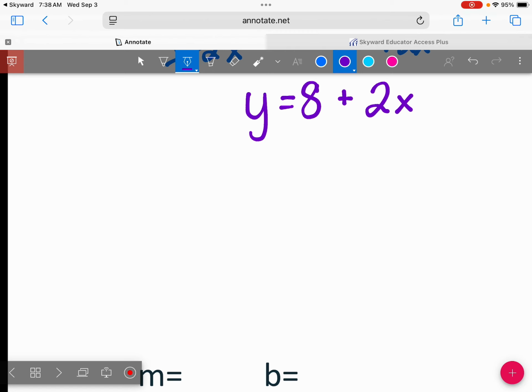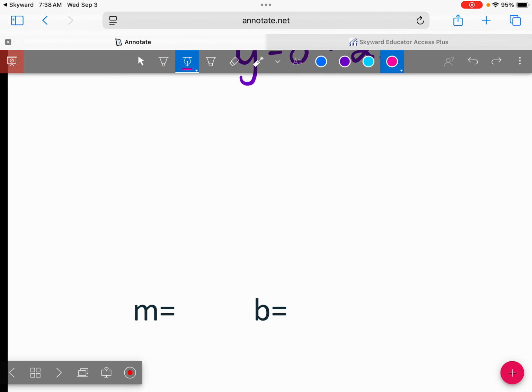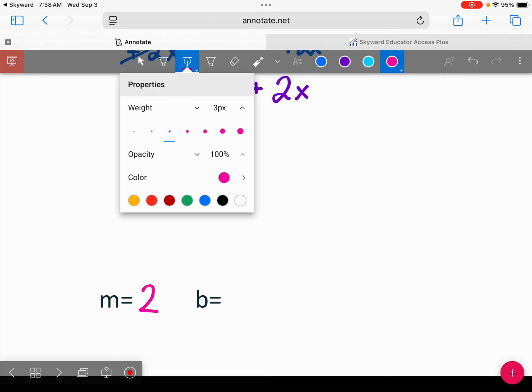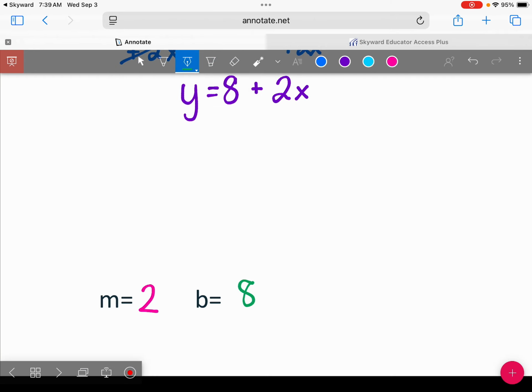What's my slope? Remember, m is always with our x. It's the 2. So the danger of just plussing our 2x on the end is that we might accidentally flip-flop them. Our m, our slope, is going to be the 2. Which means what's our b? What's our intercept? The 8.